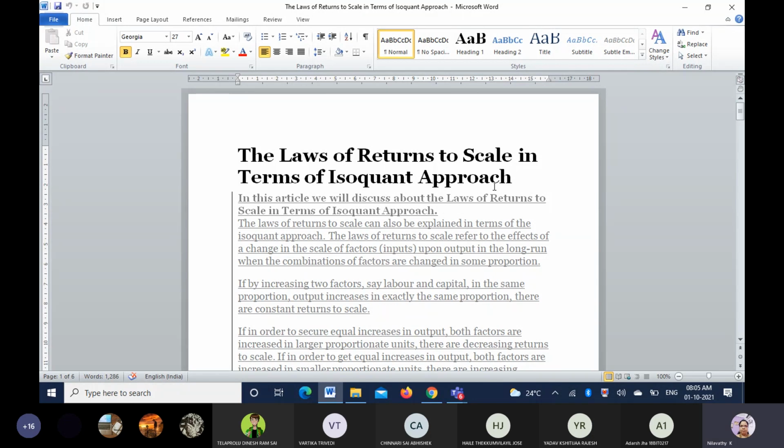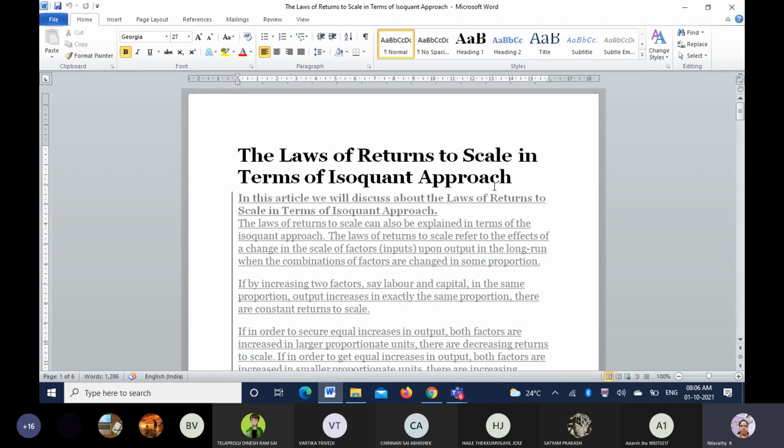Actually, there are lots of theories developed afterwards with this concept only. So the isoquant is very important in explaining the law of returns to scale. And here, constant returns to scale is used by many economists in explaining their concepts. When you go for advanced theories, the mathematical economics application part, you will be going through a theory called the Cobb-Douglas production function.